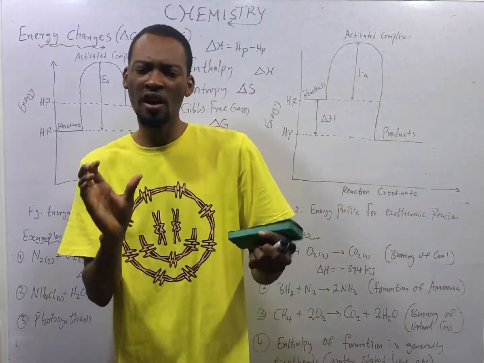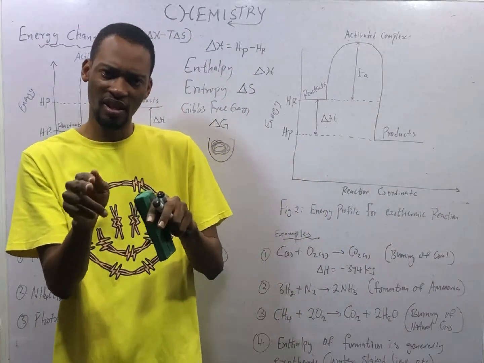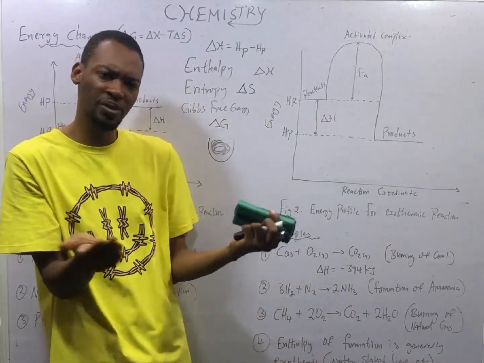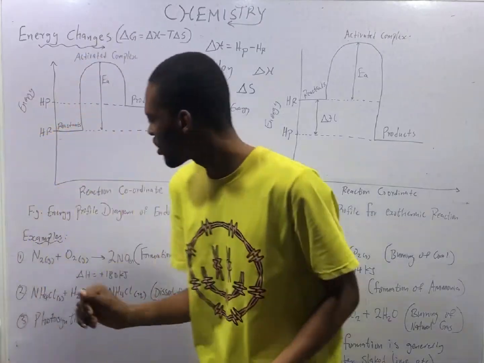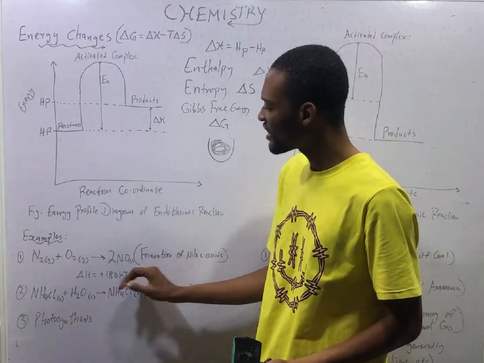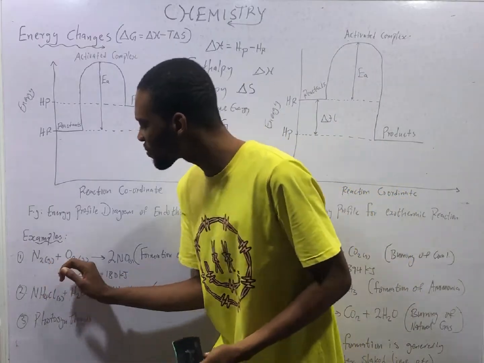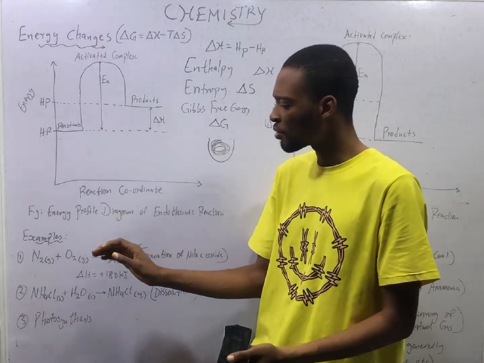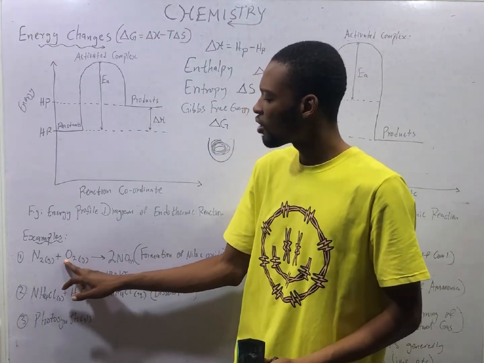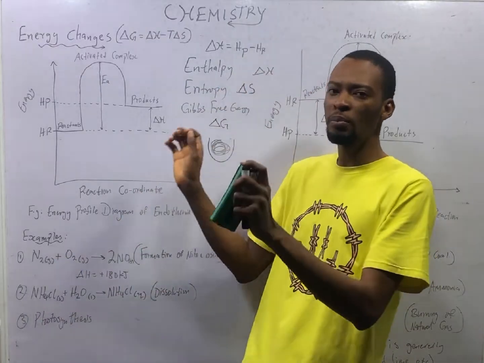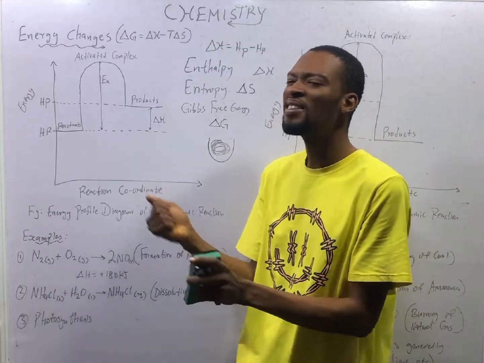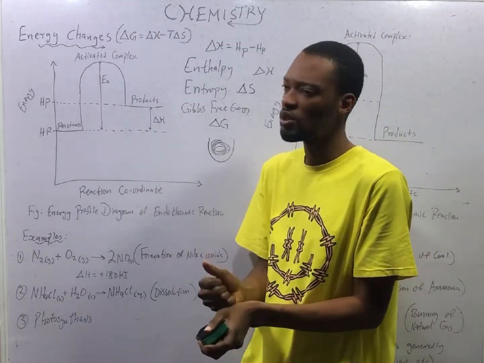Now, more examples of endothermic reactions are the formation of nitric oxide. Generally, heat of formation is exothermic. When there is formation, it is likely going to be an exothermic reaction. But for the formation of nitric oxide, nitrogen reacts with oxygen, and oxygen has a double bond. So one molecule of oxygen with a double bond forms a very strong bond that will be difficult to break.